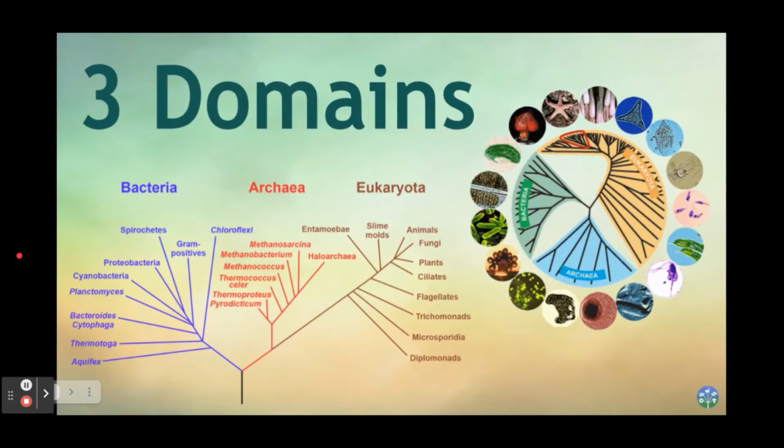All right, so here are the three domains. We have bacteria, archaea, and eukarya. Bacteria, there can be good bacteria, bad bacteria. Archaea used to be a part of bacteria.